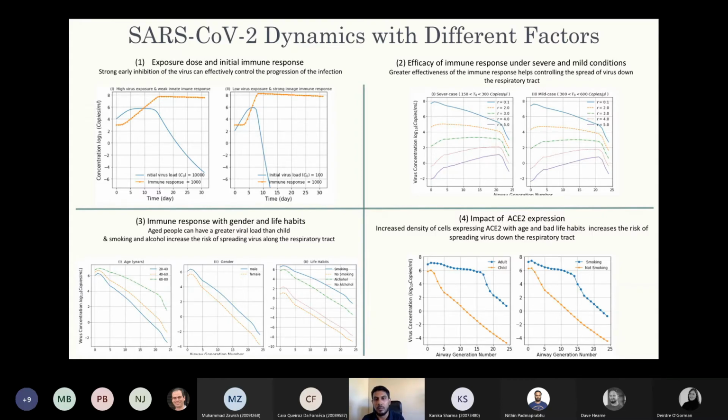So adult people are more susceptible. This explains why adult people get the virus more than children. And in the second graph, ACE2 expression is high among smoking people compared to non-smoking. Therefore, smoking people have a high chance of getting infected with the virus.